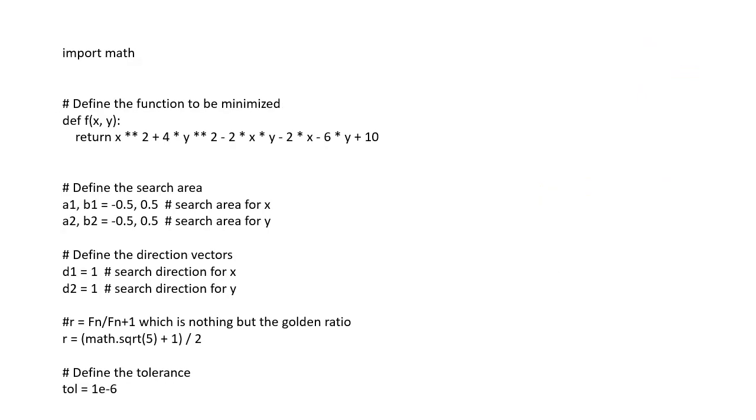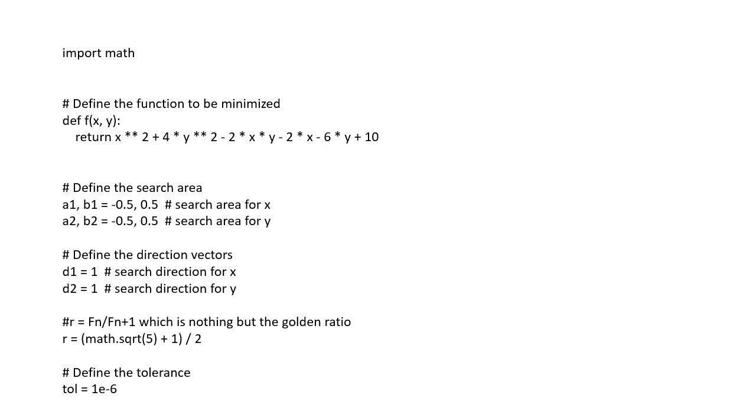Until n value reaches k value, we iterate through various iterations and obtain the minimum value. Here is the code. So I define the function to be minimized, this is the function, and then I define the search area, and I have defined the direction vectors, and then r, which is nothing but the golden ratio, which is the same for all the Fibonacci numbers. Even if you take f1 is to f2, or f101 is to f102, it is the same, and it is equal to the square root of 5 plus 1, the whole divided by 2.